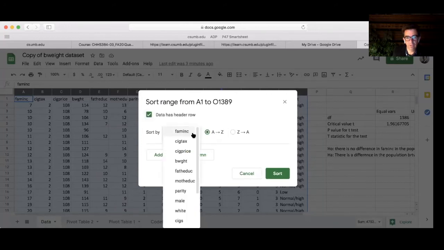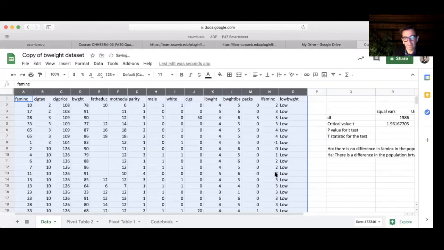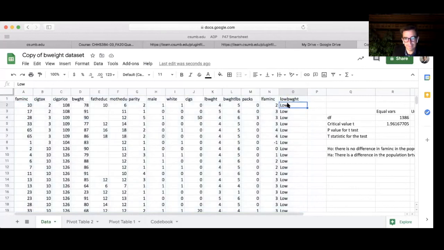And it's going to ask you, how do you want to sort? Which variable do you want to sort them by? And we're going to sort by this because this is our grouping variable, the low birth weight. That's the variable we're using to group. And then we go A to Z or Z to A, doesn't really matter because there's only two groups. And then if we press sort, you see immediately the whole data has been rearranged and sorted by this variable.